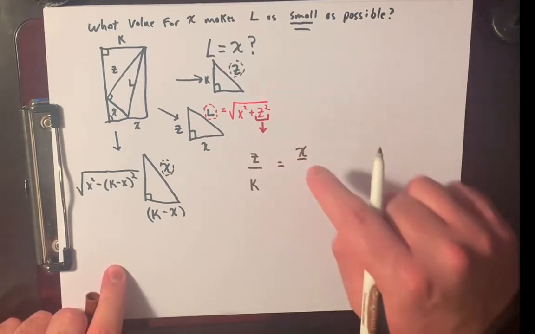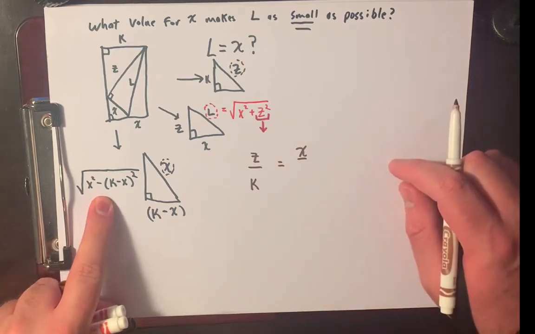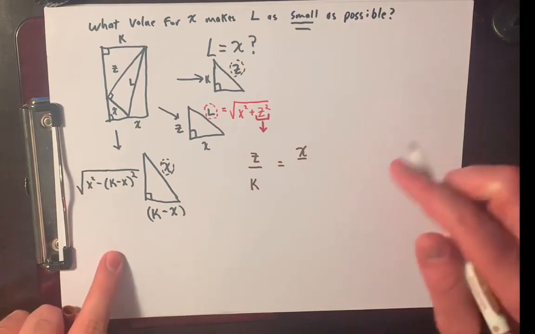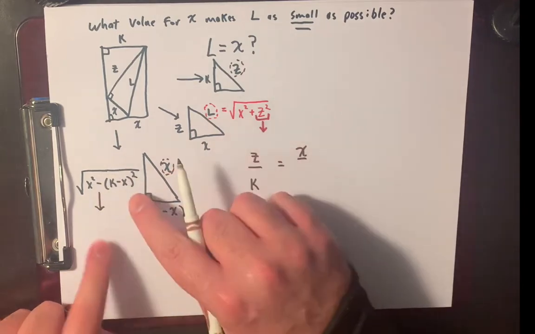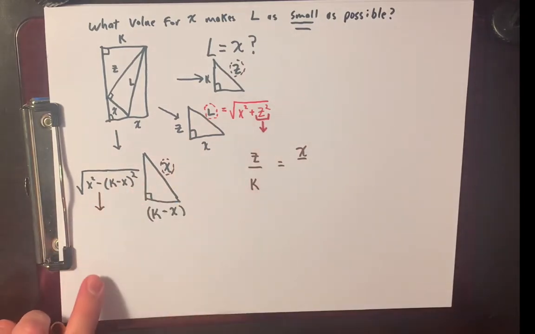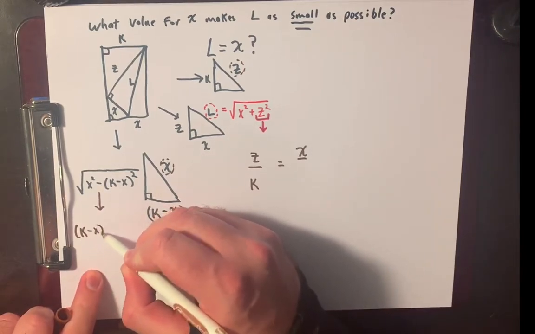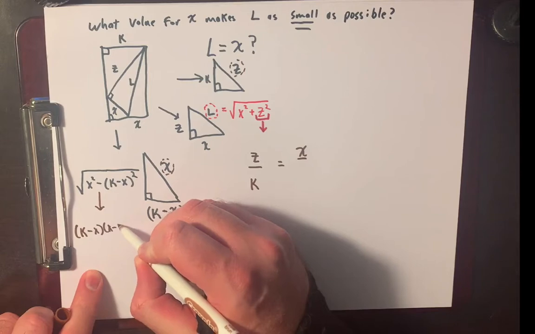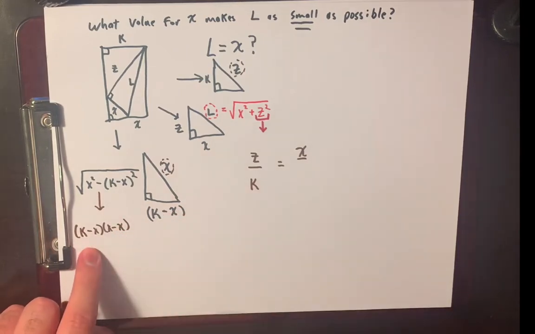That's given. And then the height for this is simply the square root of x squared minus (k minus x) squared here. And I'm going to do some basic arithmetic to clean this up, right? We notice that this is (k minus x) squared here. So if we multiply k minus x times k minus x, and k and x look really similar on paper, I probably should have used different letters there.